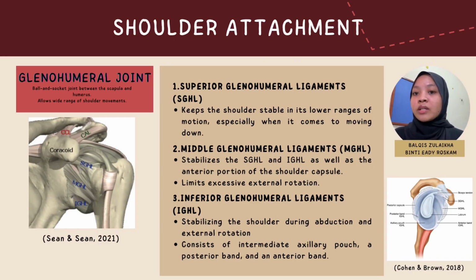Lastly, the inferior glenohumeral ligament, IGHL, helps in stabilizing the shoulder during abduction and external rotation. So, the IGHL consists of an intermediate axillary pouch, a posterior band, and an anterior band as shown in the diagram below.